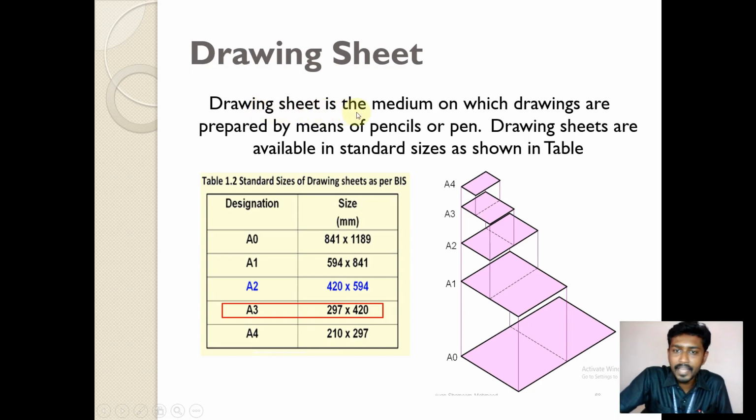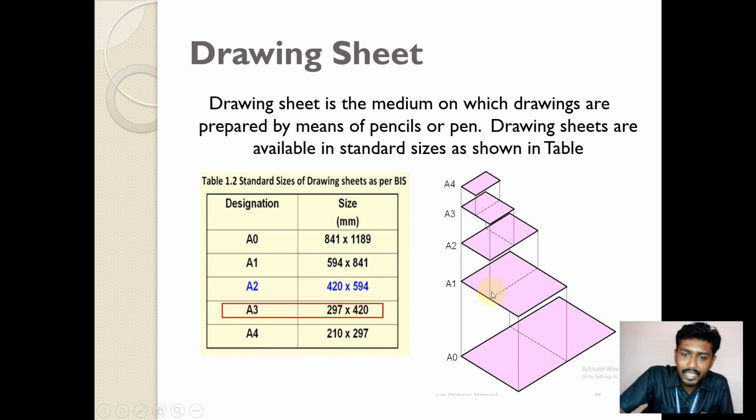Then let us get the knowledge of the drawing sheet. Drawing sheet is a medium on which drawings are prepared by means of pencil or pen. In the market, the drawing sheets available are A0, A1, A2, A3 and A4.